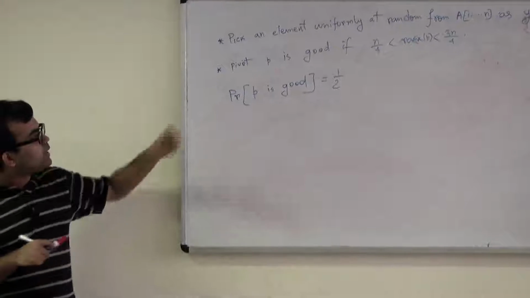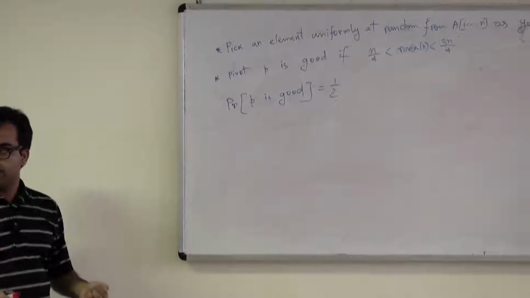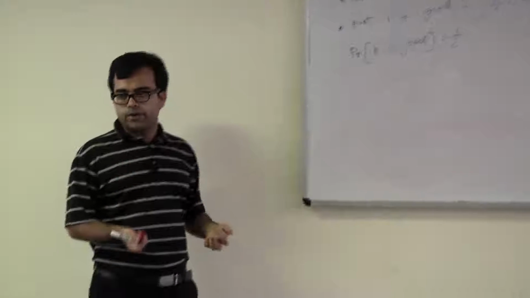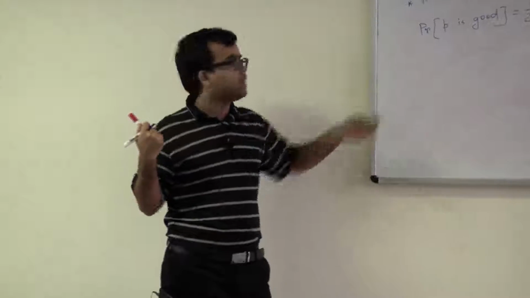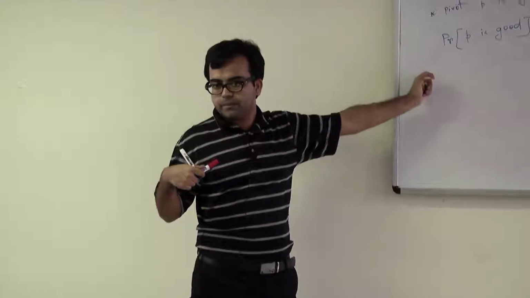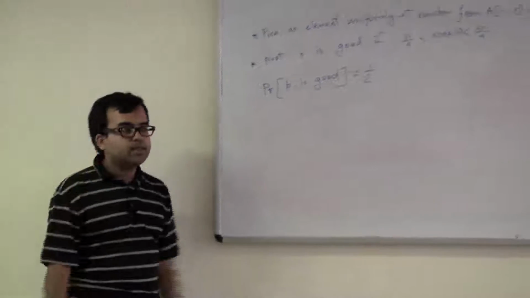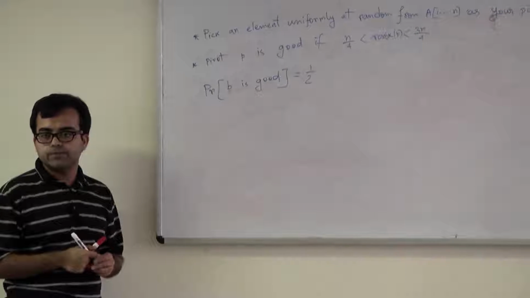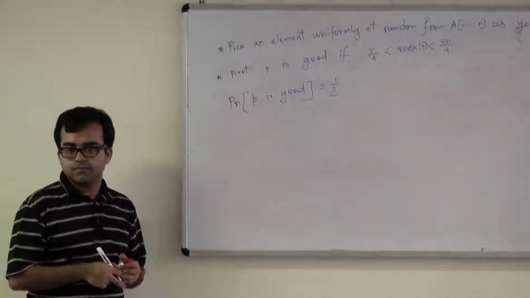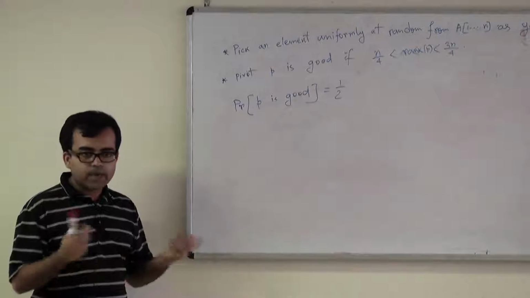Now when you are picking P, you don't know whether it's good or not. You are just picking P uniformly at random. Sometimes you will succeed, sometimes you will fail. But after getting P, can you check in linear time whether P is good or not? You can, right?